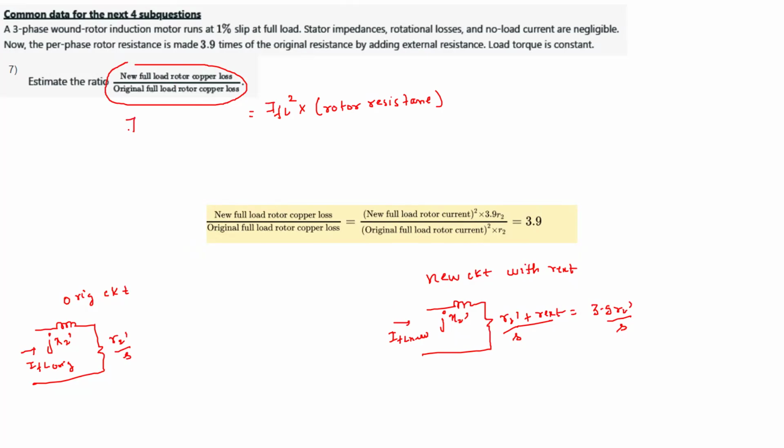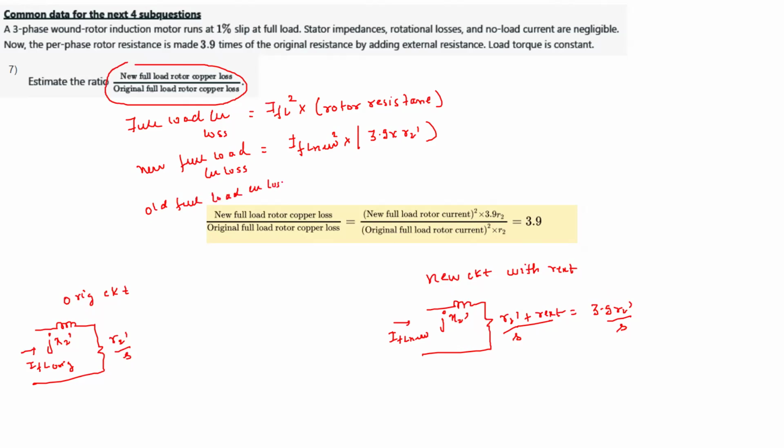So the new full load copper loss will be I full load new square into the new rotor resistance, which is 3.9 into R2'. And the old full load copper loss is I full load original square into the rotor resistance, which was R2'.